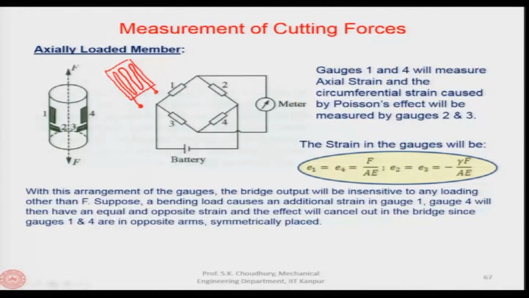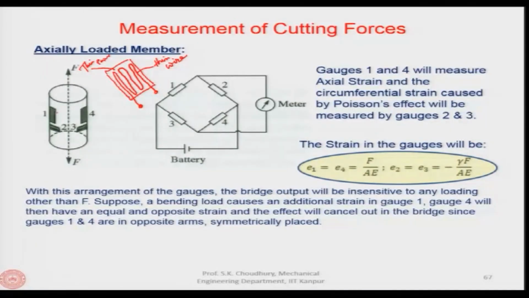So, this is a thin paper here, and this is a thin wire. This will be rigidly pasted on the workpiece, and when the workpiece is deformed, for example, in this case the axial load is given, there will be an axial strain.